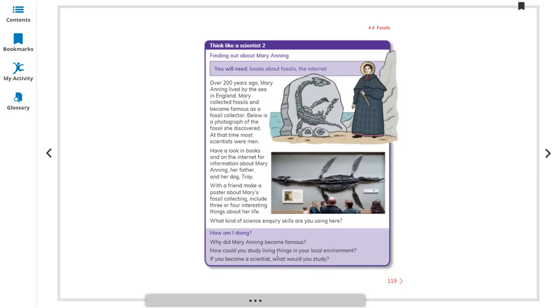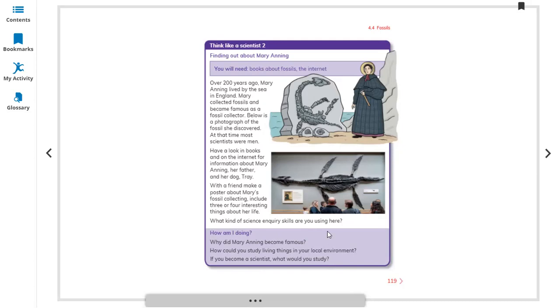How could you study living things in your local environment if you became a scientist? What would you study? You need to find, you need to draw, you need to research about different past animals, about the fossils, about other research, and then you can do more work on it.